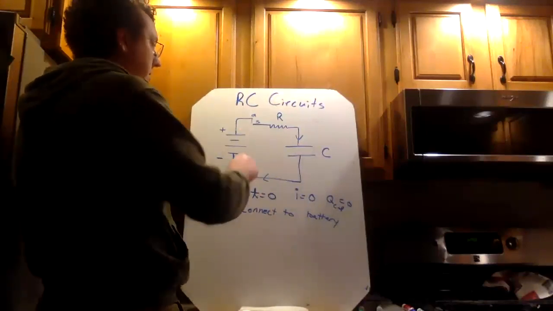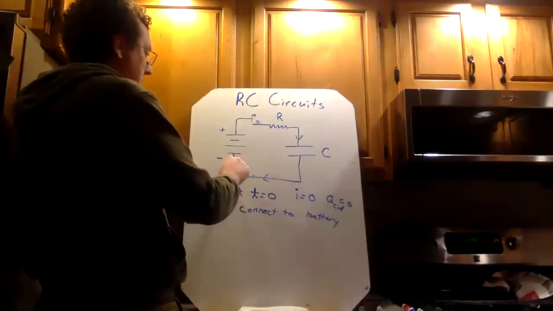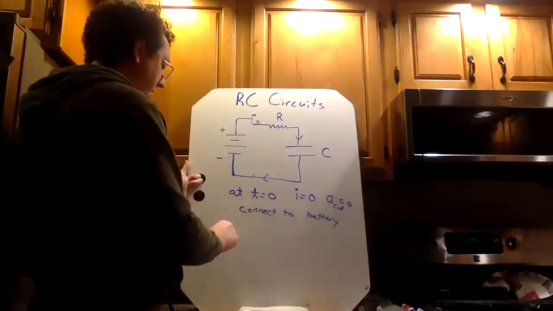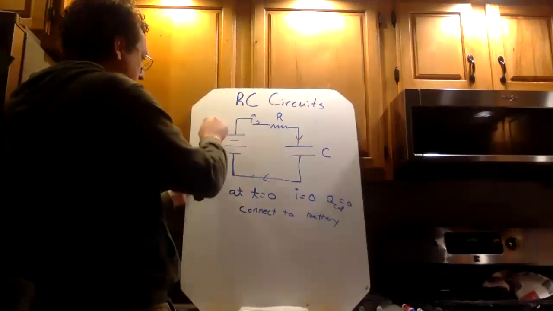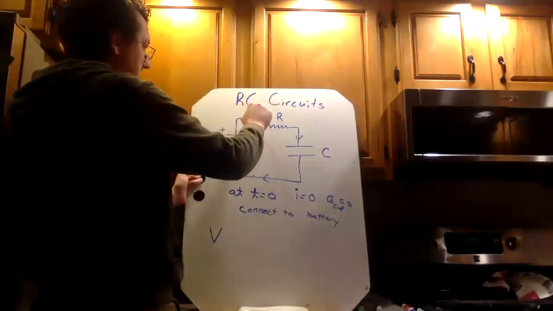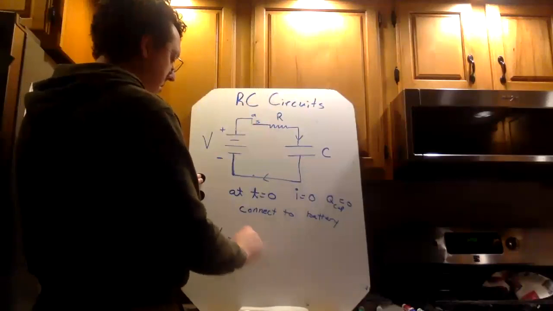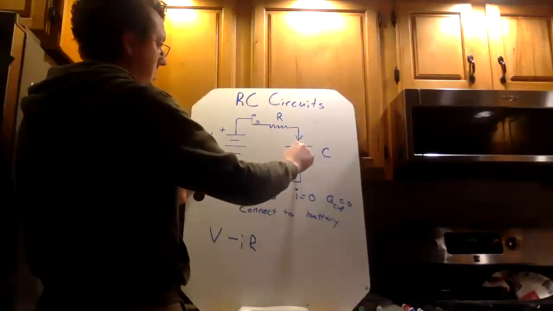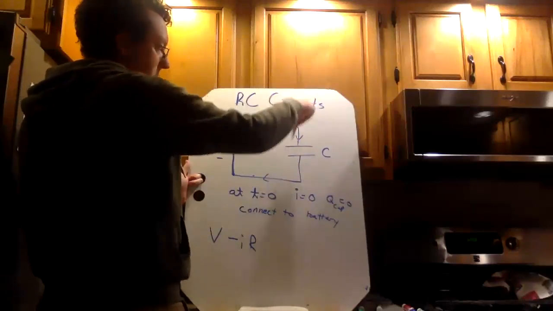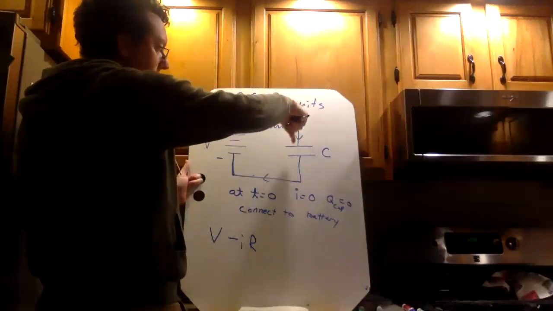All right, so let's apply Kirchhoff's laws now across this situation. So I start here and I just go around. I have a voltage here, so I have V minus IR. And then as you accumulate charge, it doesn't want to keep adding more and more and more.